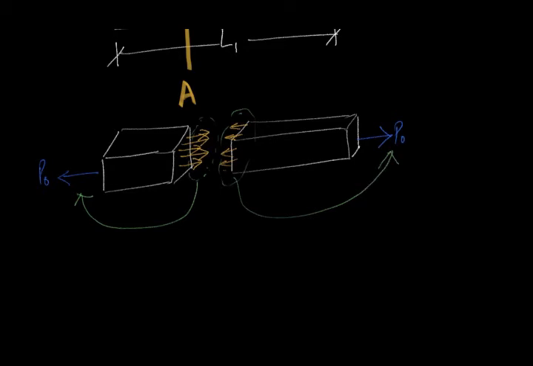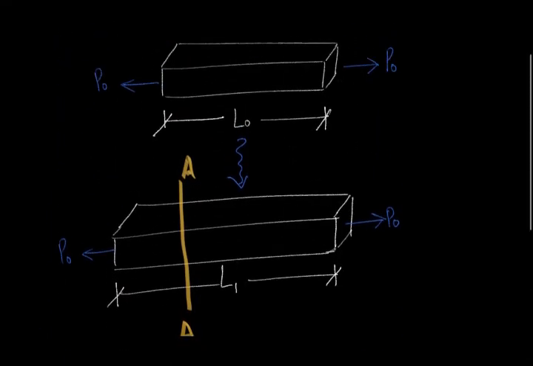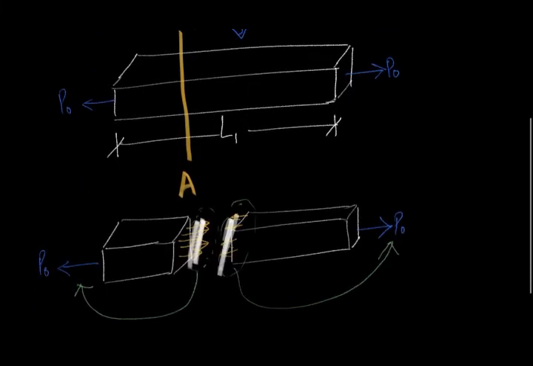So these internal forces which I am highlighting will always try to counteract the force P naught, so that this body gets into its minimum state level of energy, which was this position. Why does it happen?